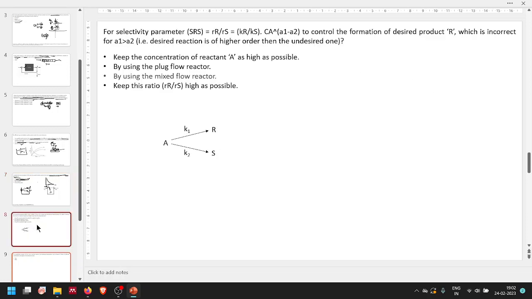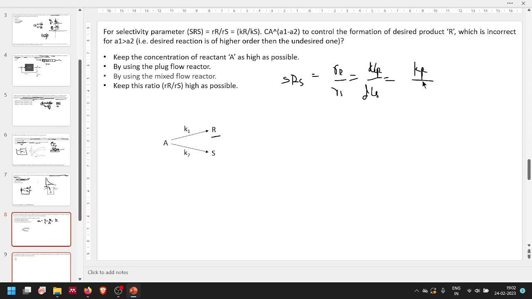Moving on to the next question, we have the selectivity parameter S_RS, which is defined as S_RS equal to the rate of formation of R by the rate of formation of S, equal to dCr by dCs, giving the rate constant for the R reaction scheme.